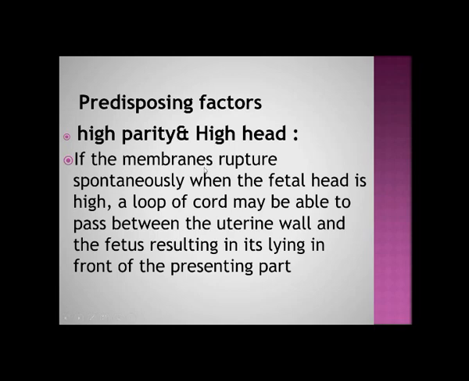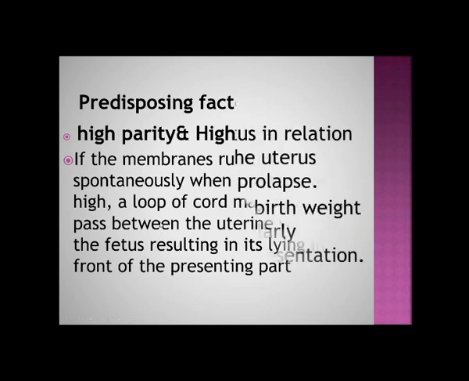When the head is not fixed in the pelvis, there may be space between the head and the pelvic rim. Through that space, a loop of cord may prolapse or come in front of the presenting part. That is high parity and a high head.